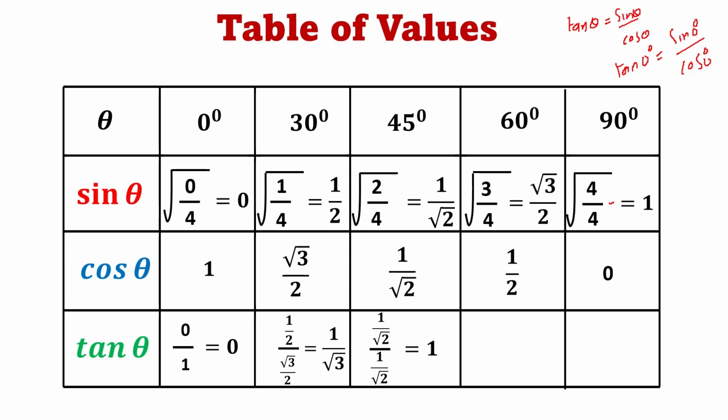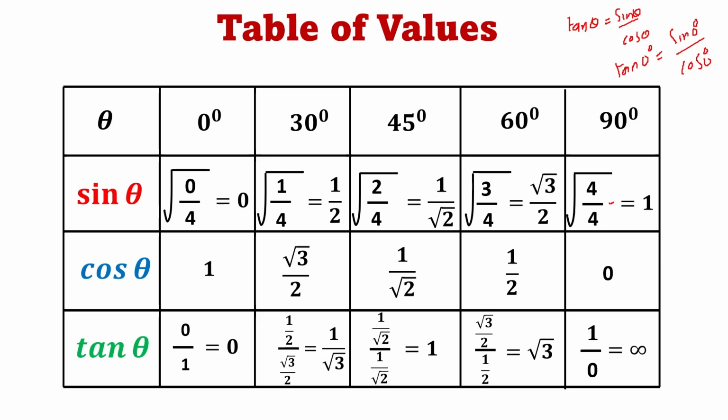After simplification it becomes 1. For value of tangent 60, divide sine 60 by cos 60. After simplification it becomes square root of 3. And finally the value of tangent 90 will be equal to value of sine 90 over value of cos 90. After simplifying, it cannot be simplified, it is undefined.